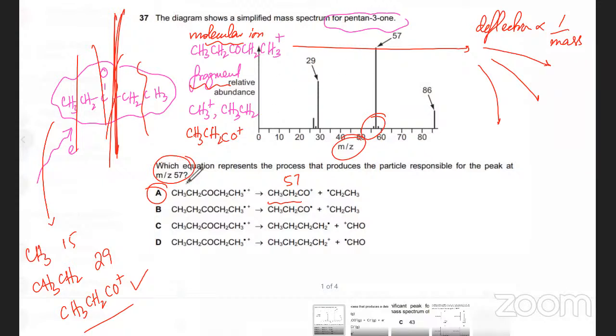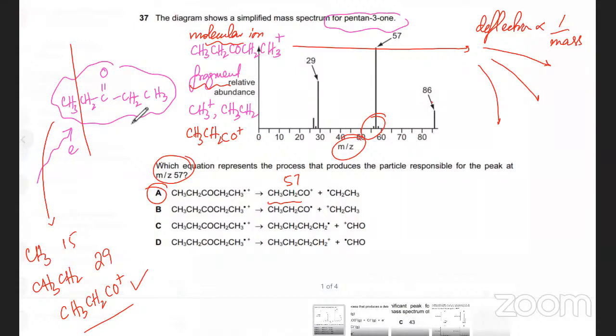The reason is that they're saying that there's a particle that is getting detected at 57, right? So I have to figure out what is that particle that's being detected at 57. That's what I'm trying to find out. I first divided it over here, CH3, and I couldn't get a particle that had a mass of 57.